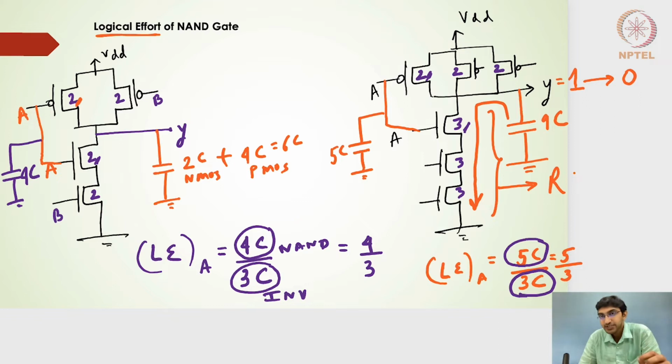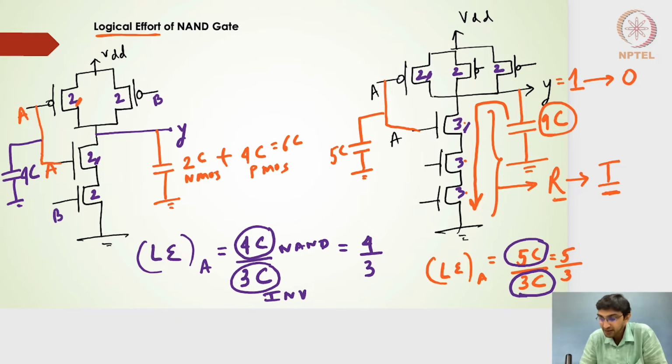If I have the switching resistance or the falling resistance as R, I am likely to get a current of I. This current of I is nothing but the discharging current of this 9C capacitance, which is attributed to the falling resistance, the summation of all these 3 switching resistances R, which accounts for this particular discharging current.